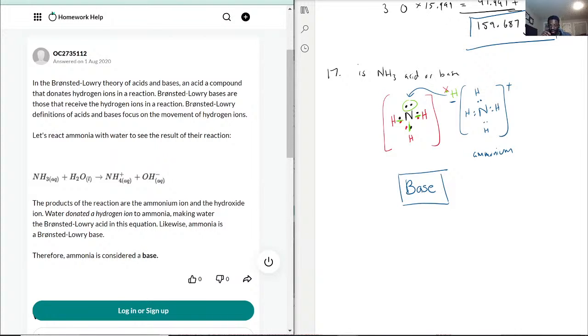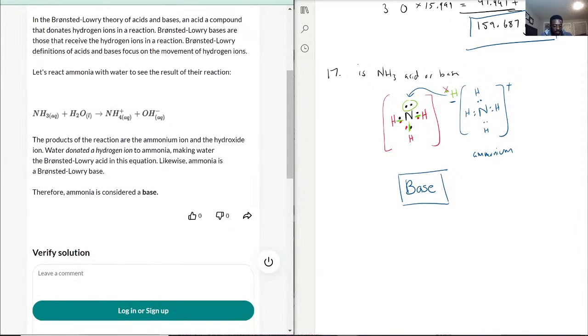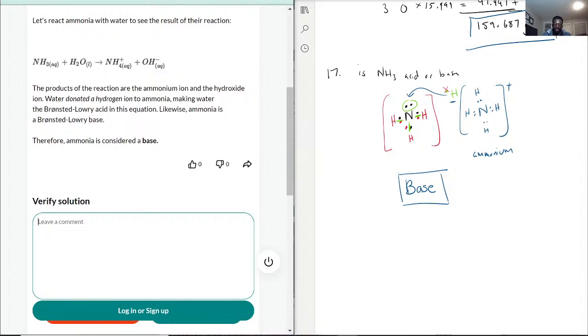Water in this case is the acid because it's giving away its proton, and it now forms the conjugate acid ammonium and hydroxide, which is the conjugate base of water. So with that, this is correct.